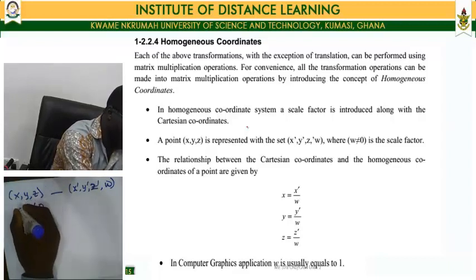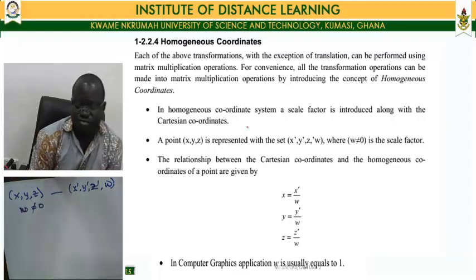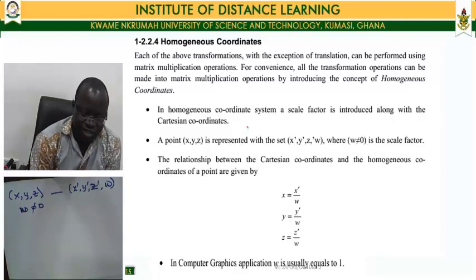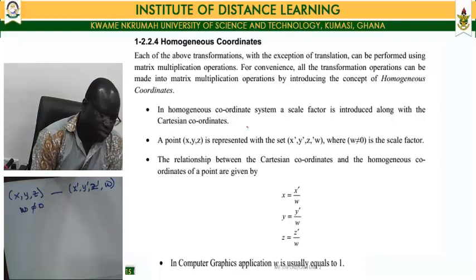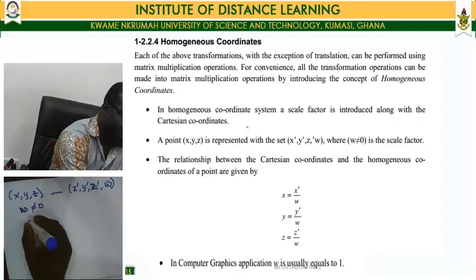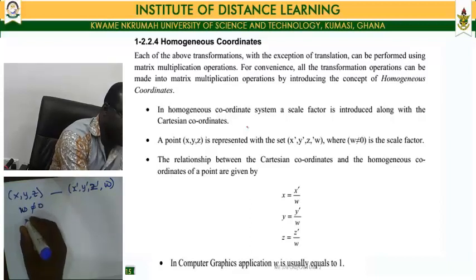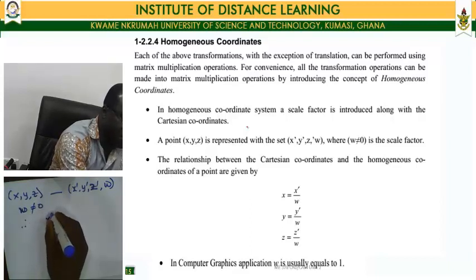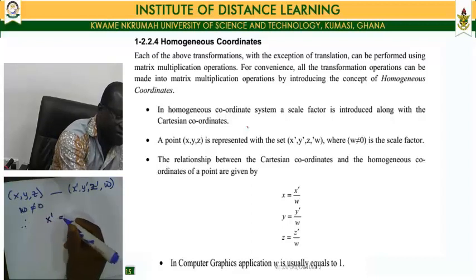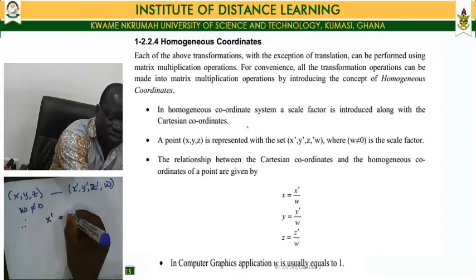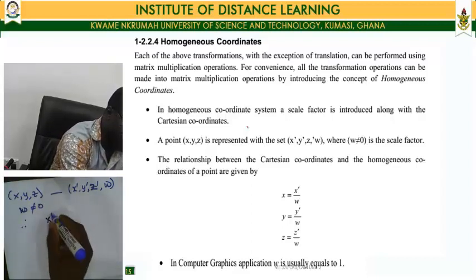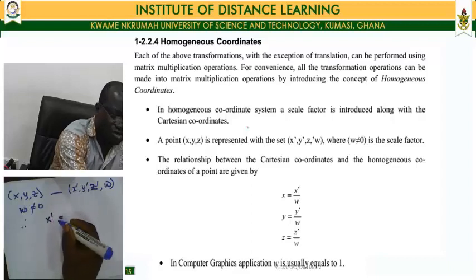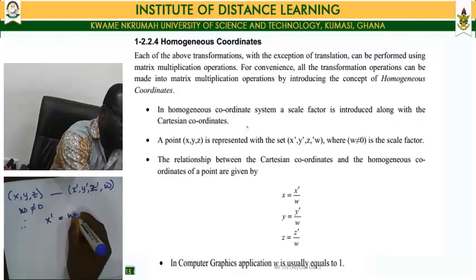It should not be a value which is 0, and it's actually a scale factor, such that this new x prime is actually equivalent to omega times x.